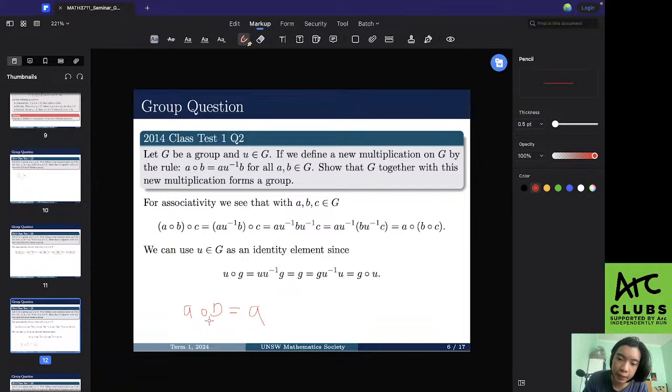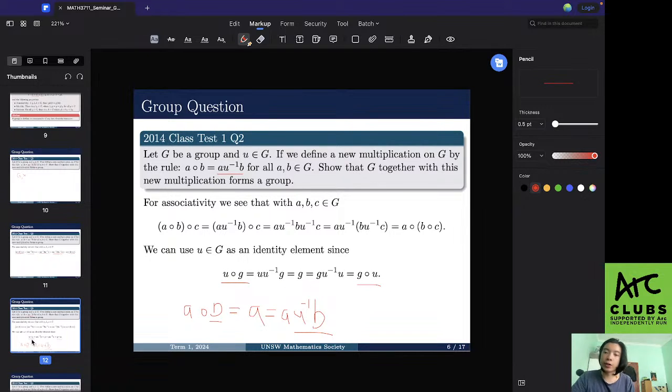If we want B to be our identity, and we know that A is equal to A U inverse B. So if we have A U inverse B, we know that U inverse B has to be the identity element, and so B has to cancel out with this U inverse, so B has to be a U, right? So that kind of gives us the clue that we want our identity element to be U, and we can check it like this.